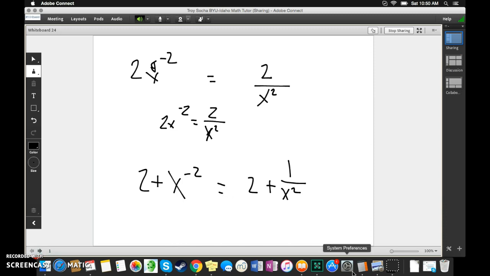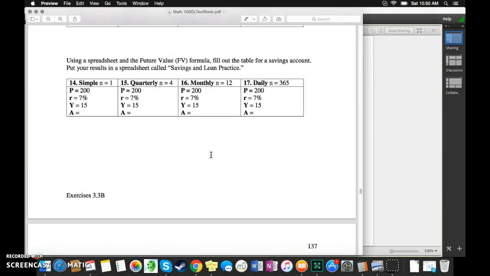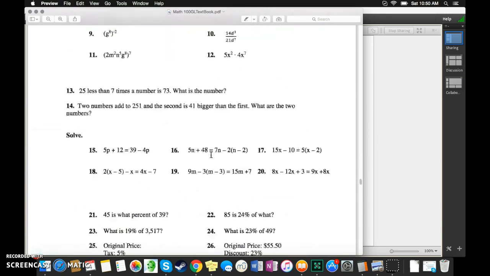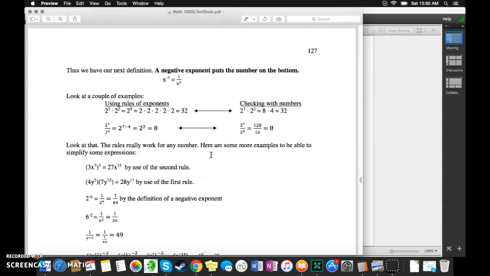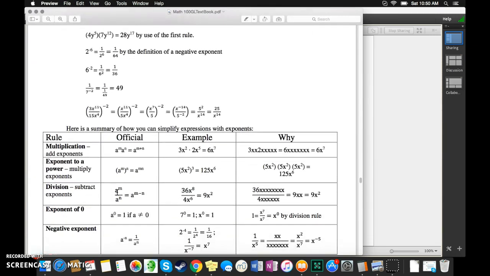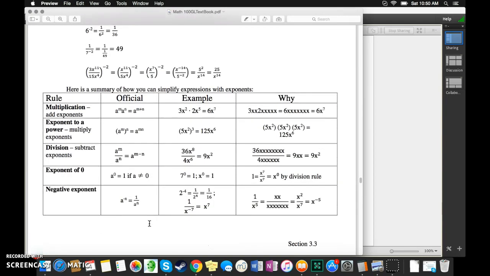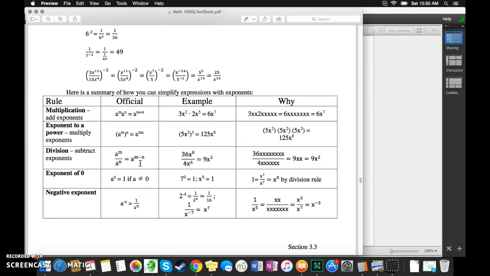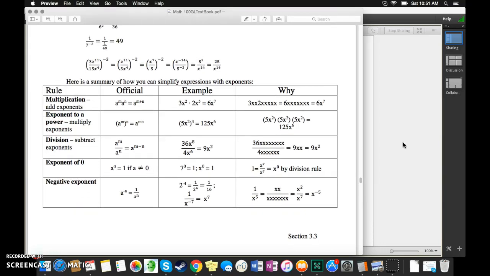They only work well with division or multiplication, and we can see that in our rules. There is nothing that says a to the m plus a to the n equals something. It doesn't do that. Does that make sense? Exponents don't do that.